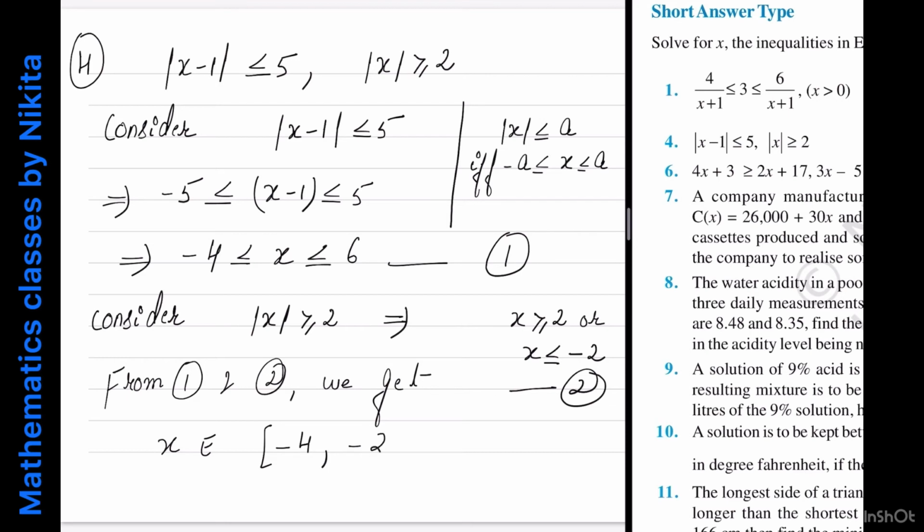So minus 2, close it, then union with. So we are combining the values of equation 1 and equation 2. In between them is 'and'.